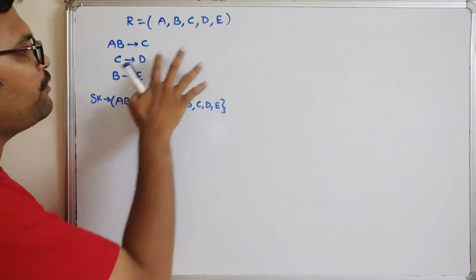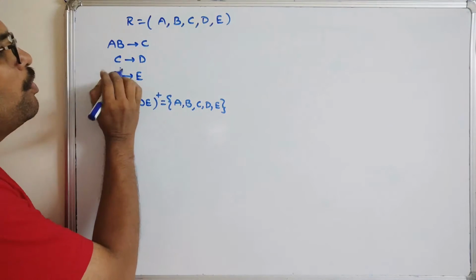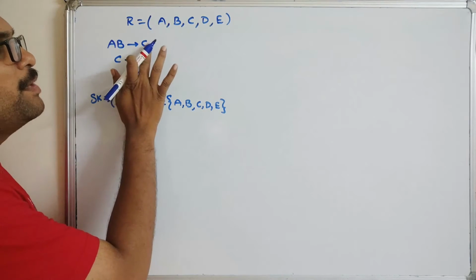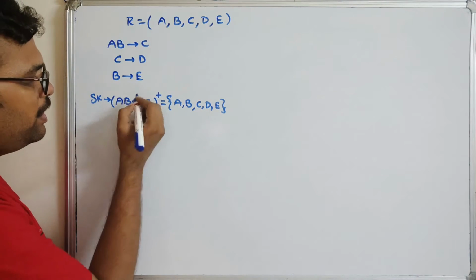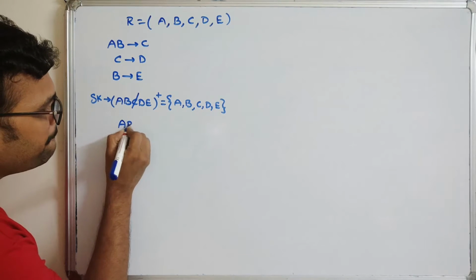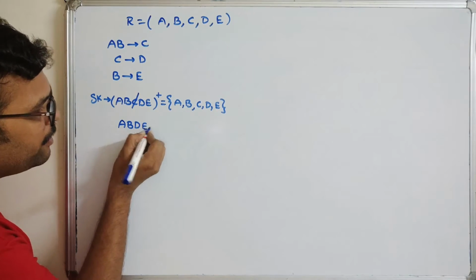Now from the functional dependencies, if you know the attributes A and B, we can determine the attribute C. So here we can simply eliminate this one. So A, B, D, E.